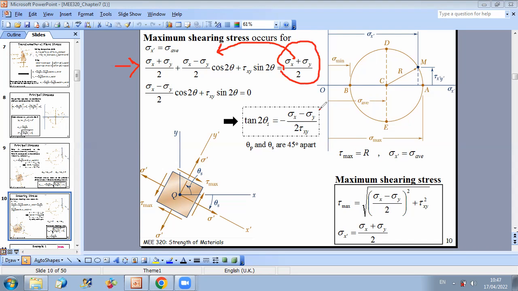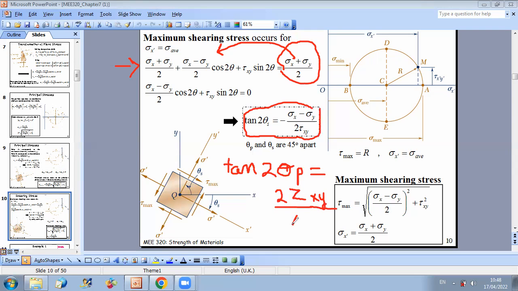And if you do a small comparison between the two formulas you obtained, tangent 2 theta s is the following, while the expression we got in the previous slide for the orientation angle of the principal axes is tan 2 theta p equal to 2 tau xy over sigma x minus sigma y.